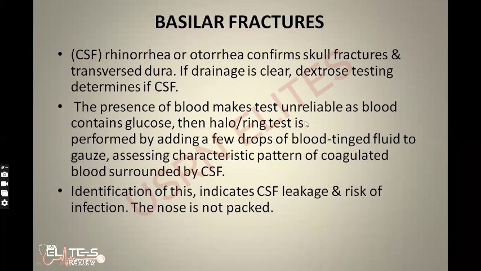So the fluid which is leaking out, you add a few drops onto a gauze. Then you assess the characteristic pattern of coagulated blood surrounded by the cerebrospinal fluid. So identification of this indicates that there is cerebrospinal fluid leakage and risk of infection.